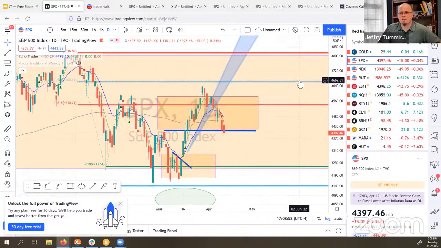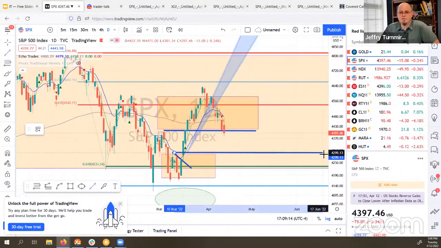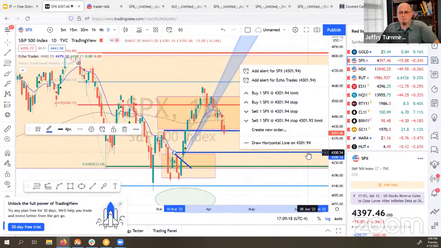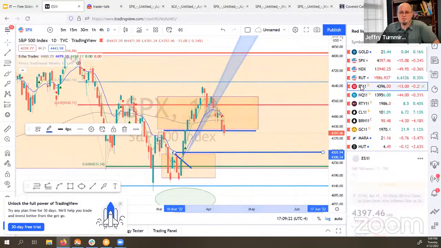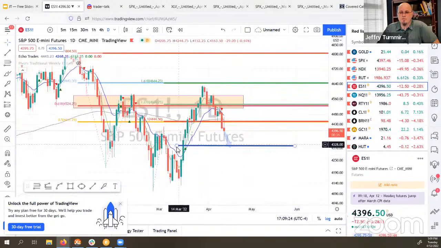So the 4660, 4665 area is going to be the 786 on the S&P 500. So yeah, if it does break below, on down here on the S&P 500 chart, we're looking at a level right here that we'd have to break below, right at 4,300.